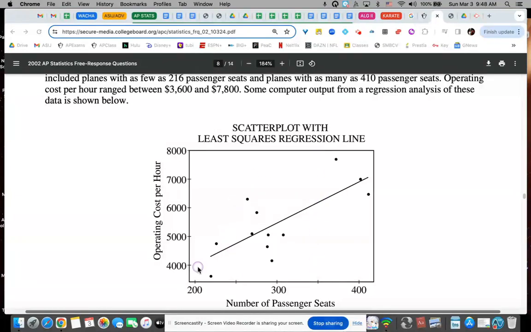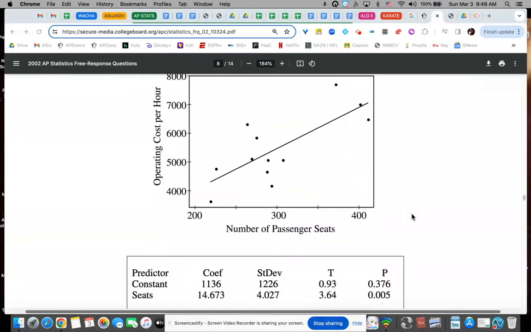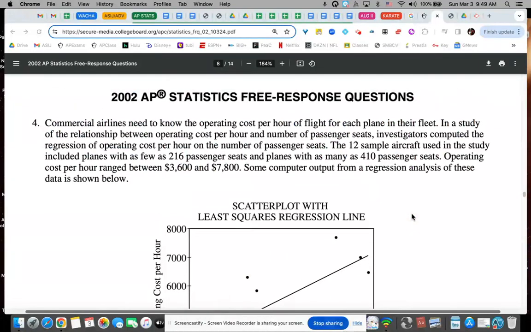They put one model on the whole thing, but in reality, these are probably small planes, and these are medium-sized planes, and then these are large planes. Within each of those groups, this one maybe goes up or is kind of flat because it's just 2 points. But this one obviously goes down, and so does this one, as you look at those groups separately. So I'm sure as we get into it that you'll have to talk about that.